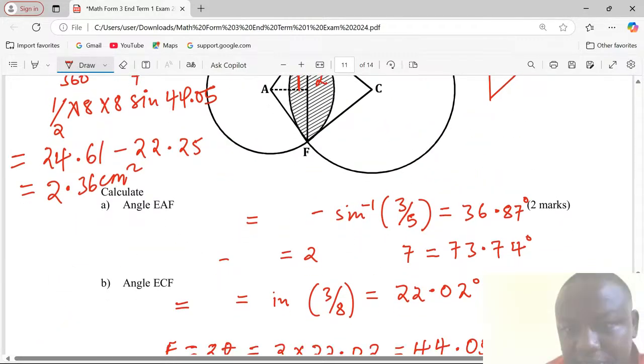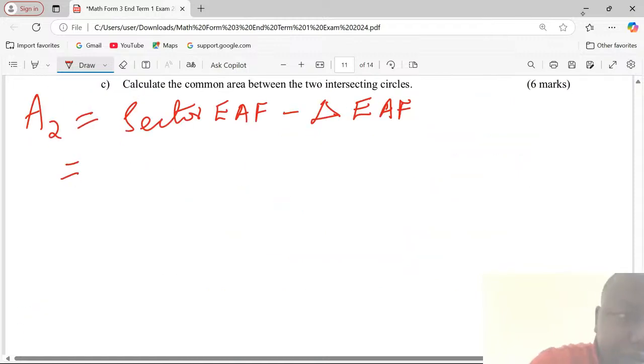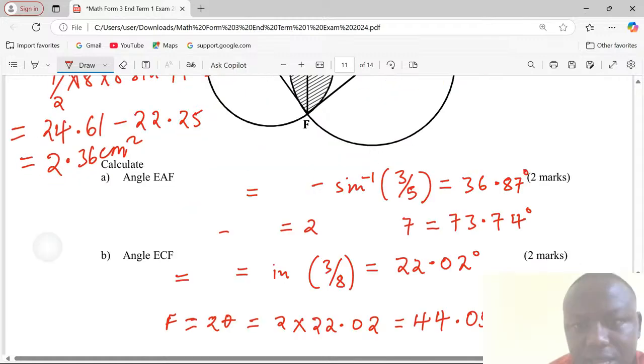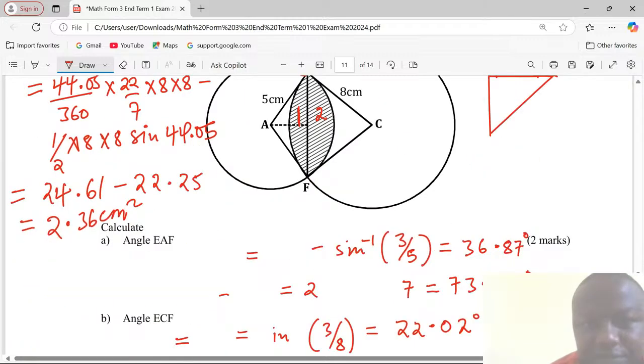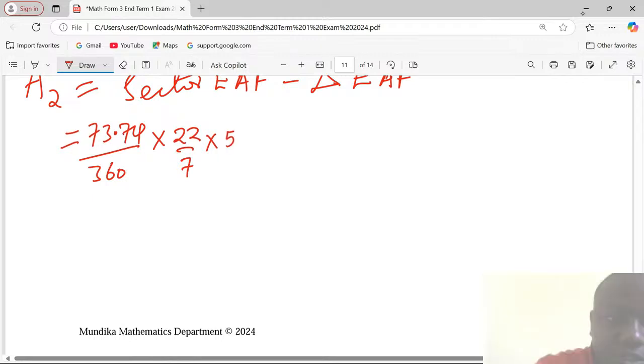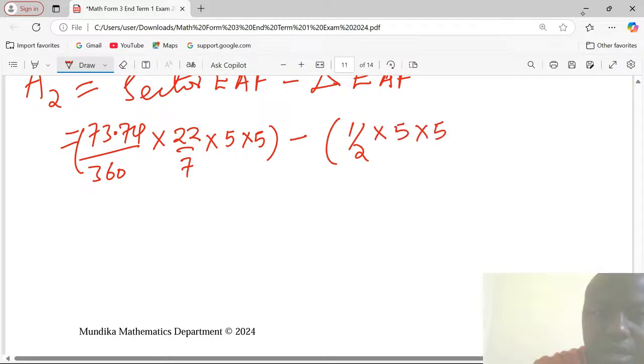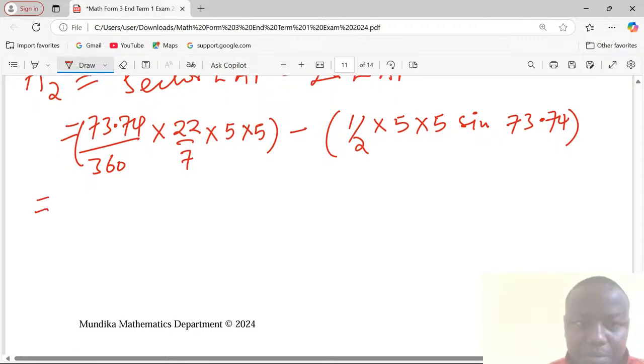The angle at the center, 73.74 over 360 pi r. The r in this case is 5, squared. Then we subtract the triangle. I have AB, sine of the angle at the center, so sine 73.74 that way.